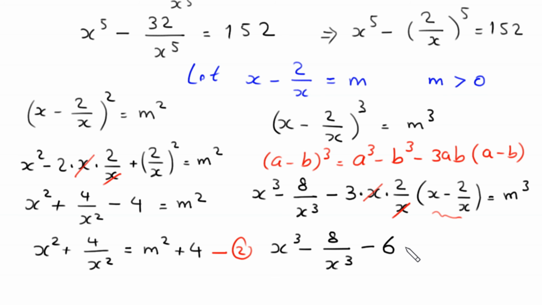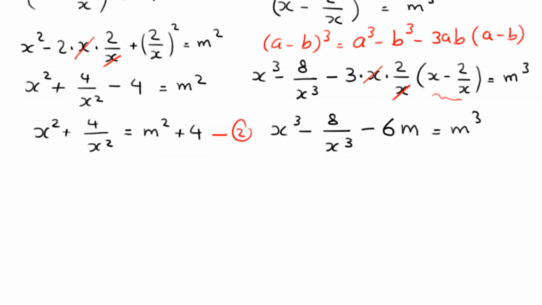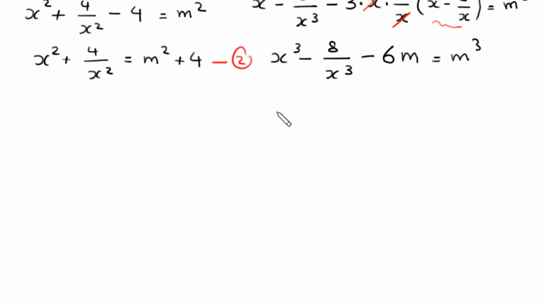So here we write, minus 6m is equal to m cubed. Next, x cubed minus 8 over x cubed, we move this negative 6m to the right hand side. So this will be equal to m cubed plus 6 times m. Let's call this equation equation 3.